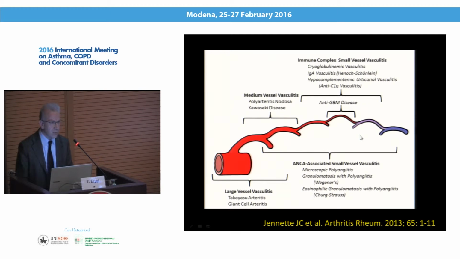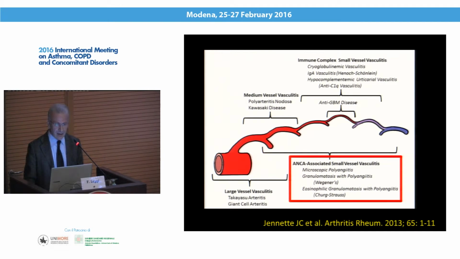In the 2012 update of the classification, small vessel vasculitis have been divided into those with immunocomplex deposition in the vascular wall, in which there is unknown or very rare pulmonary involvement, and the other group, the ANCA-associated vasculitis, which includes microscopic polyangiitis.